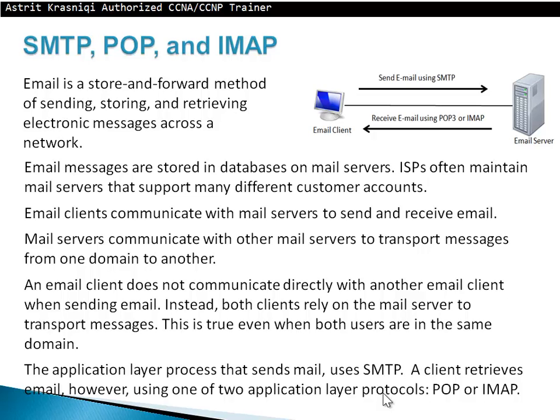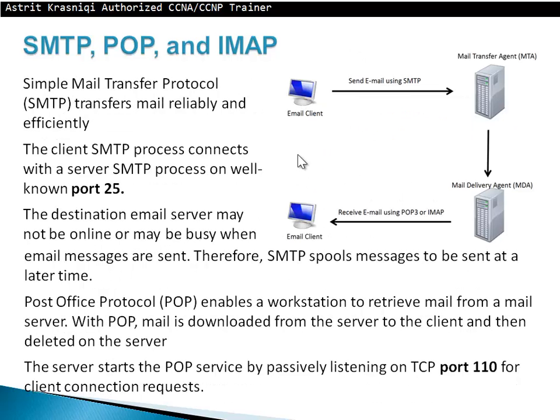The application layer process that sends the email uses SMTP, and the client retrieves email, however, using one of two application layer protocols, POP or IMAP. So two clients don't communicate with each other when they send an email. A client will send an email to the server using SMTP.